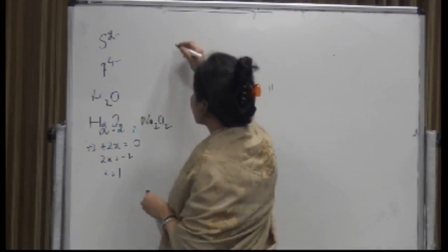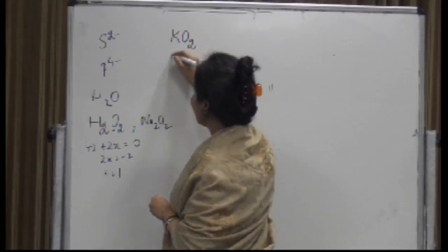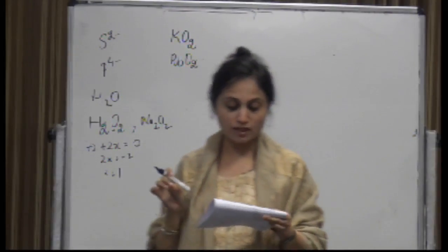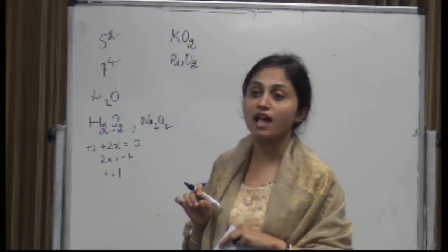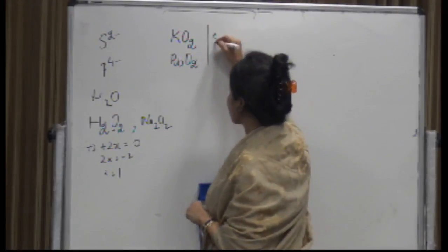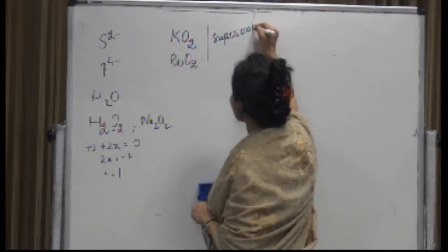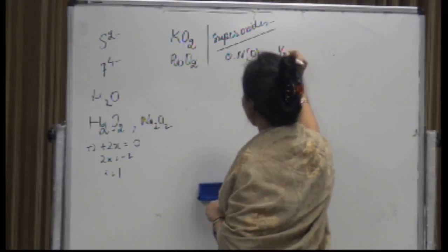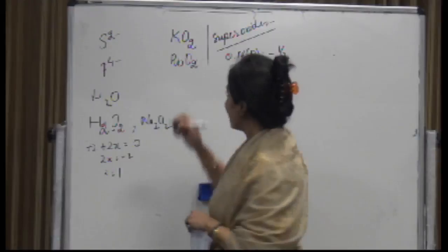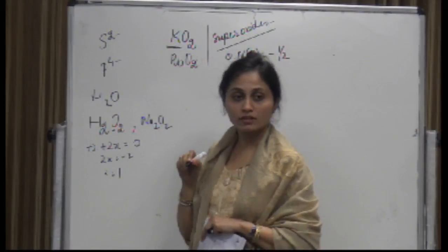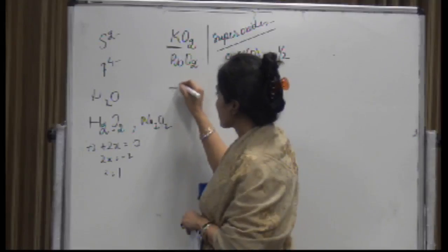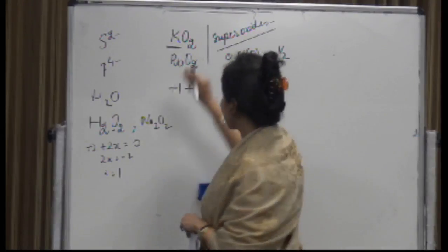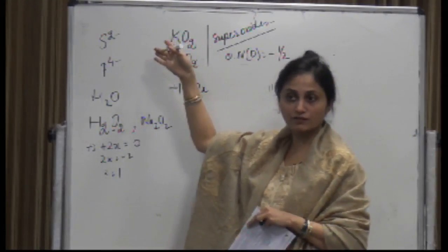Alright, another thing, in superoxides like KO2, RbO2, each oxygen is assigned an oxidation number of −1/2. So in case of superoxides, you have the oxidation number of oxygen as −1/2, and you can calculate also. अभी last rule में हमने पढ़ा, lithium, sodium, potassium group 1, so it will be +1, ठीक है, plus 2x, x will be for oxygen because we are finding out the oxidation number of oxygen.